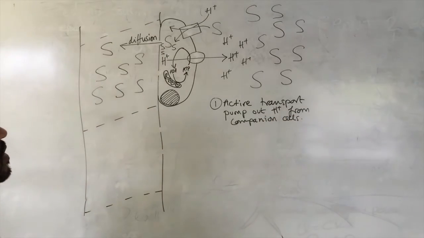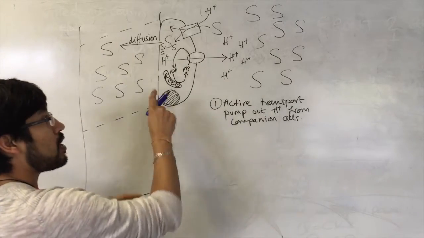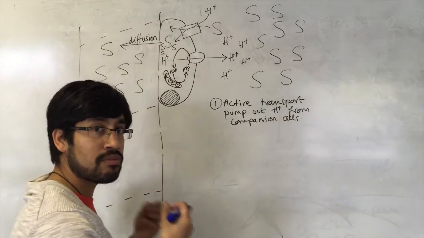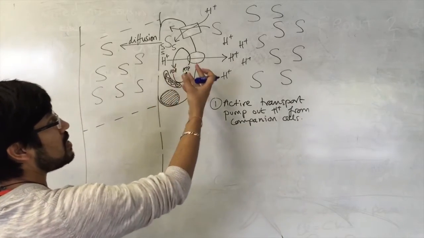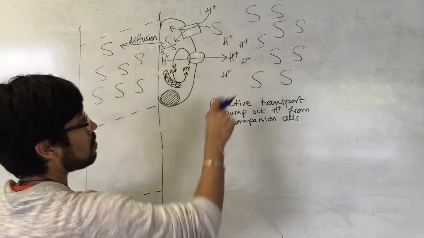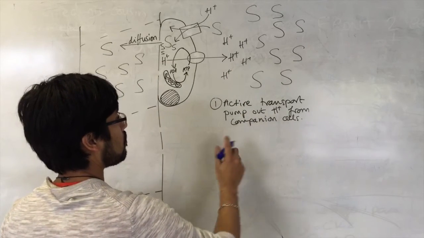That was the first point. I'm going to leave out a bit of detail in the summary, but remember that's why it's important that these cells have lots of mitochondria. The energy comes from the hydrolysis of ATP to ADP, all right? Active transport, pump out the protons from companion cells.